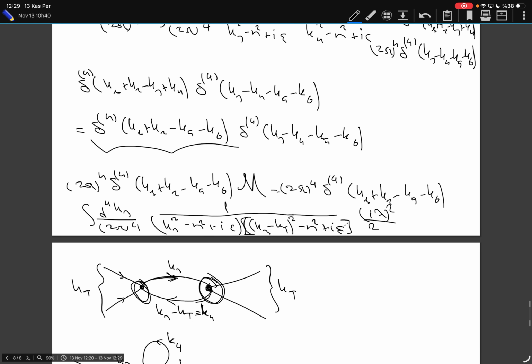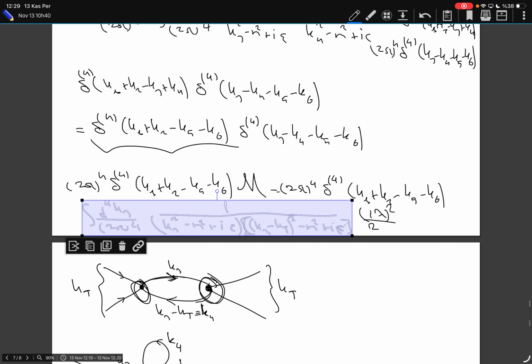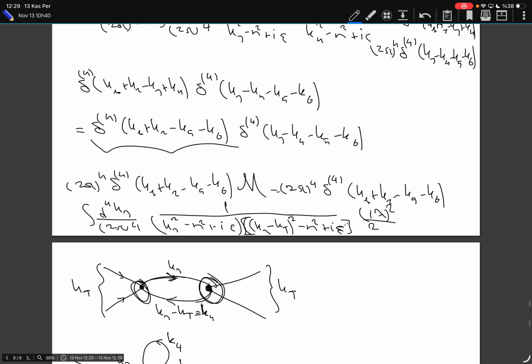Well, if you look at this diagram over here, I have a similar divergence over there. You see, if I assume k3 is large enough, go to spherical coordinates, from regions where k3 is very large, I will get contributions of this form: k3 cubed dk3 divided by k3 to the 4, which is dk3 divided by k3, a logarithm of k3 when k3 goes to infinity.